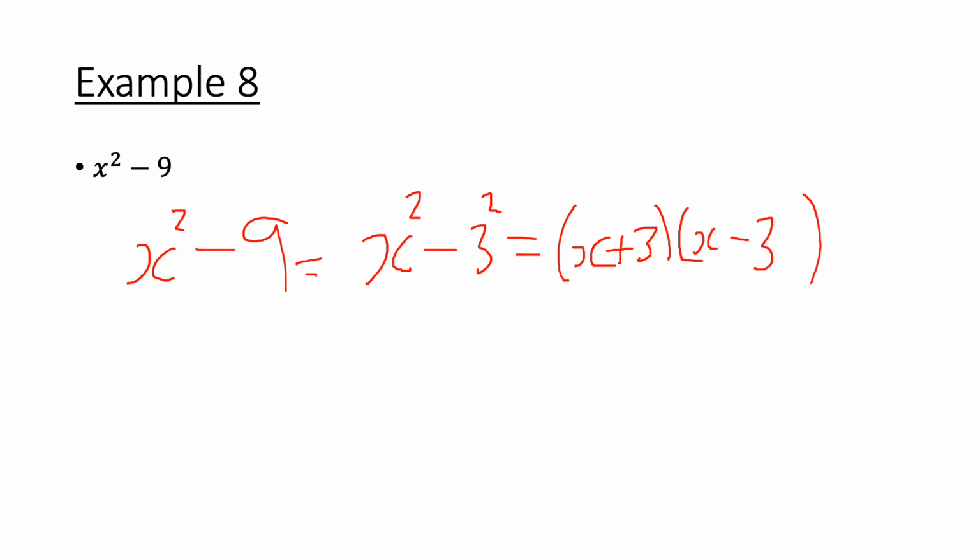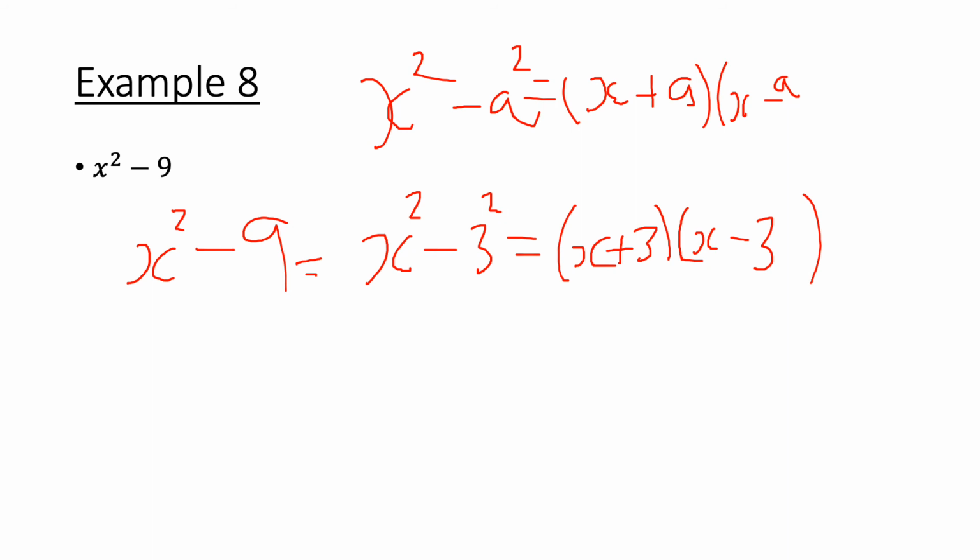The reason for that is because there is no middle term. So the rule is, when it's x squared minus a squared, it's always going to be x plus a and then x minus a. The number will always be the square root.